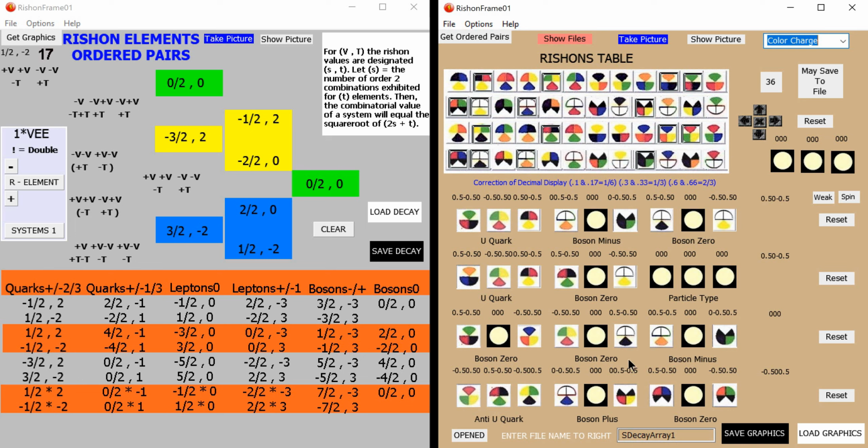And here we have a yellow T-rishon and anti-yellow prime rishon, so there's no color charge given by this boson 0. And so there's no color charge carried away by the W boson.